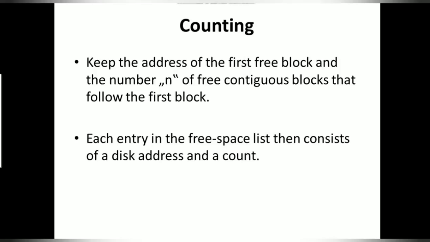In this approach, it stores the address of the first free disk block and the number of free contiguous disk blocks that follow the first block. This technique is very similar to contiguous allocation: there we are allocating, here we are looking for free blocks. So it keeps track of the first free block and the number of blocks that are free after that.